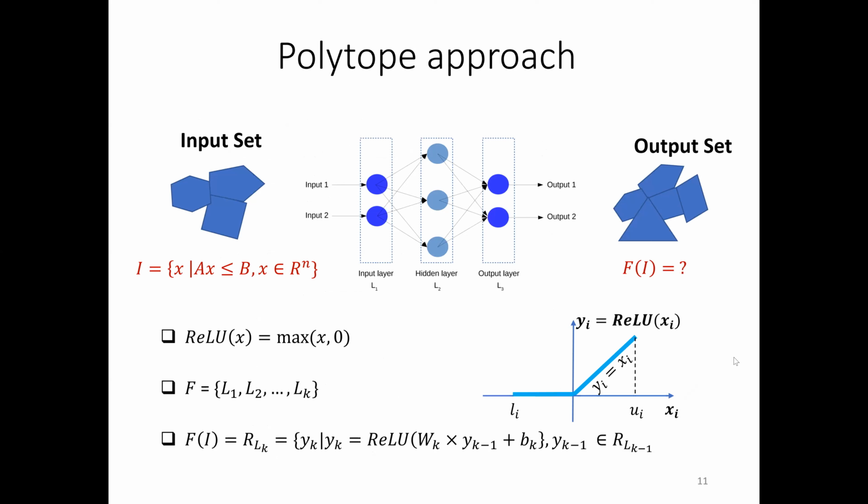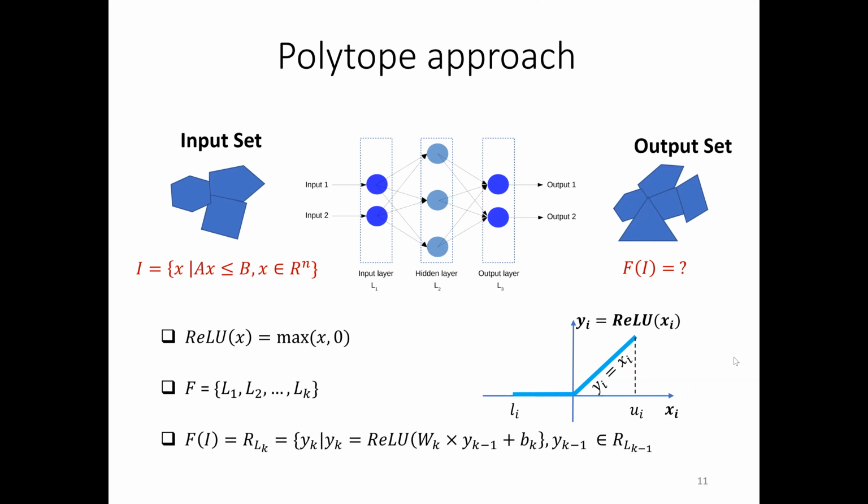So for the polytope approach, given that we have the input set, which is a union of convex polyhedra, and a feedforward neural network you already trained, you want to compute the output set, which is also a union of polytopes, a union of polyhedra.